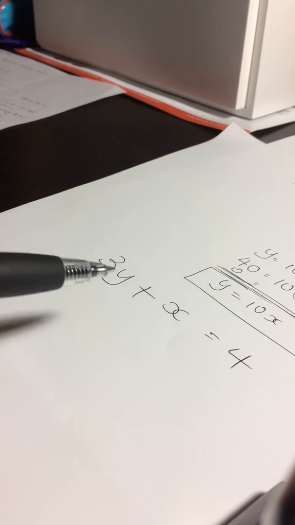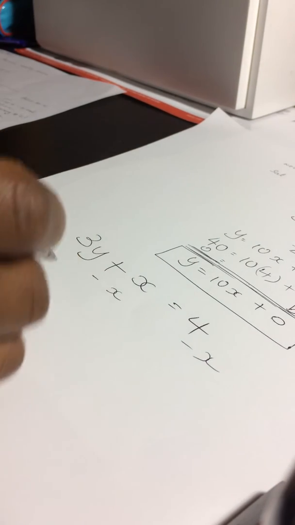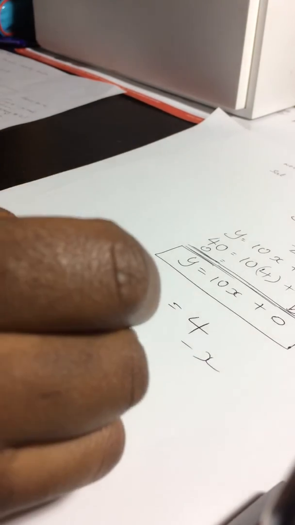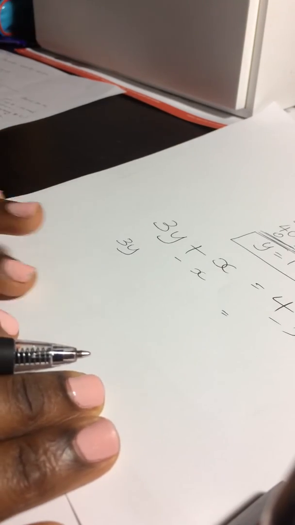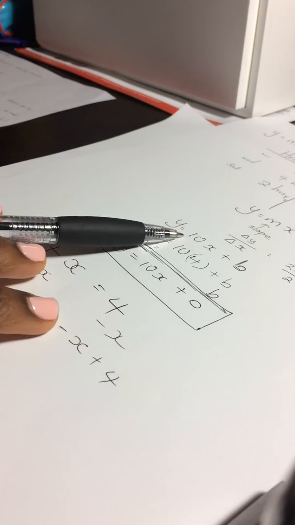So isolate for y. What we need to do is subtract x from both sides, and we end up with 3y equals negative x plus 4. And now we need the form y equals mx plus b. Remember that?